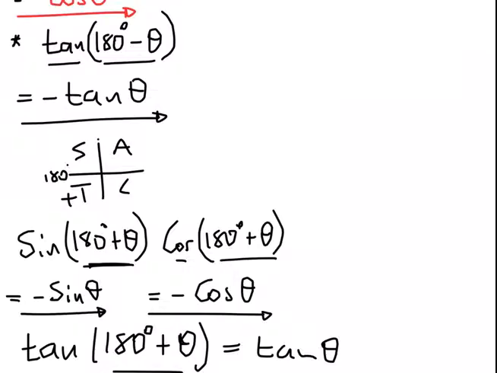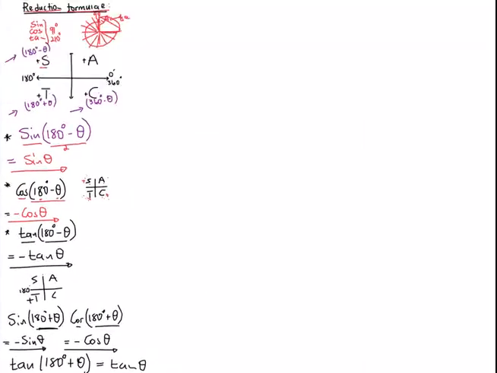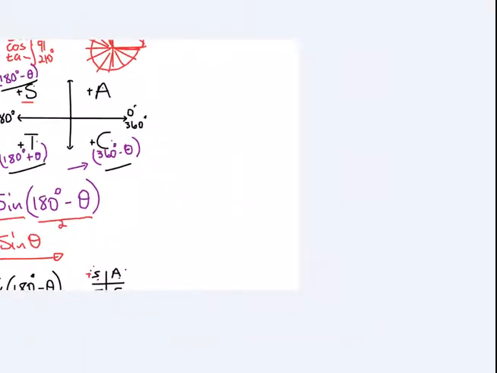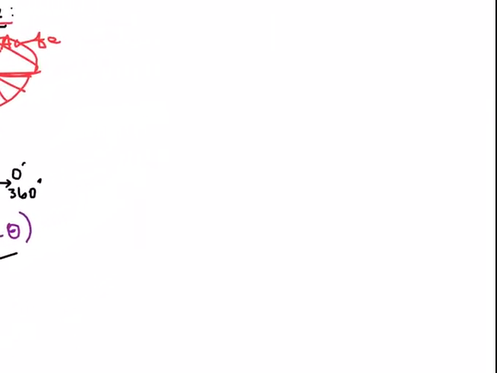So can you see, I've just taken you through those two reduction formulae, the one for 180 plus and the one for 180 minus. I'm pretty sure that you fully understood how they work.